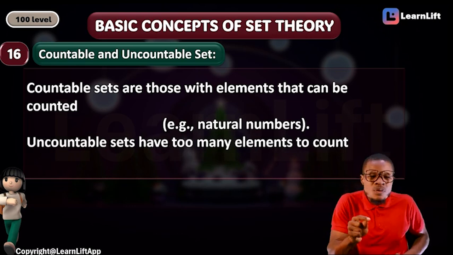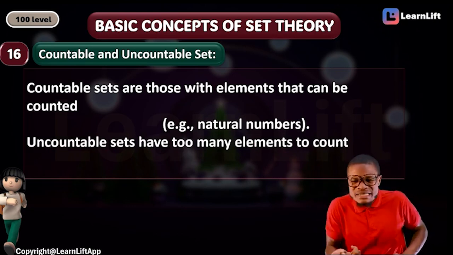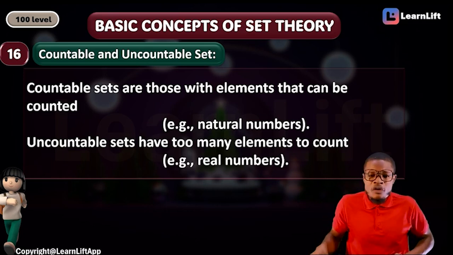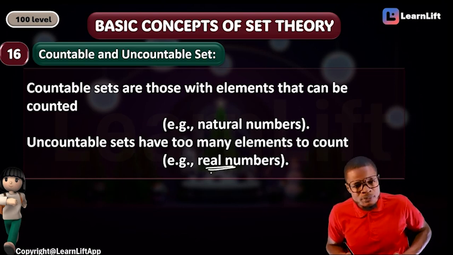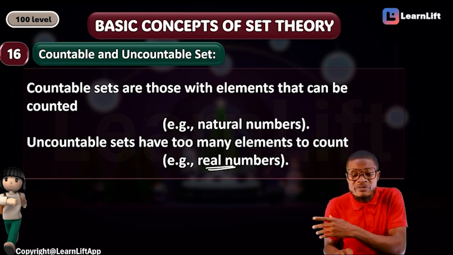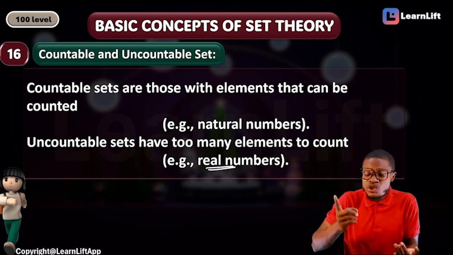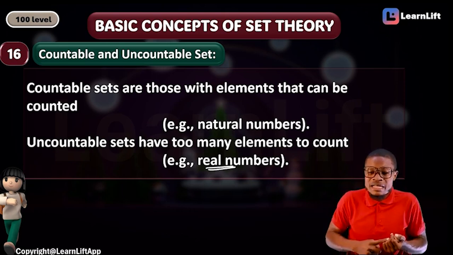Now, uncountable sets have too many elements that you can't count them. What is an example of an uncountable set? Your real numbers. Real numbers are uncountable. Your real numbers contain everything from positive infinity to negative infinity, including 0. In fact, real numbers contain rationals and your integers, all of them are inside your real numbers.